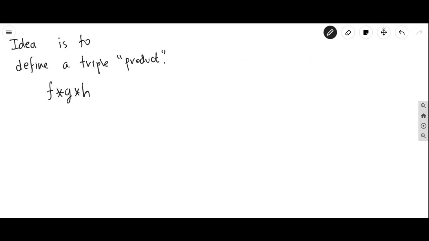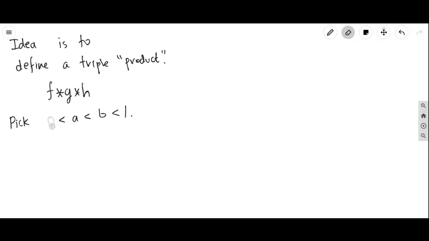So here's the way you do it. You're going to pick numbers, let's say between 0 and 1, because whenever you talk about paths, time flows from 0 to 1. So these are the cutoff points. You say you're going to go from 0 to A along F, from A to B along G, and then from B to 1 along H. So you have these cutoff points, which say which one is being activated.